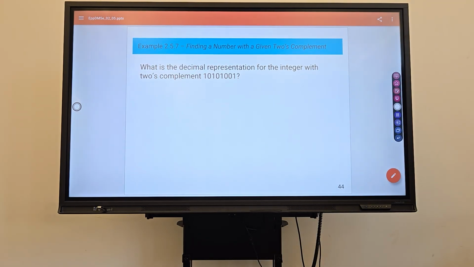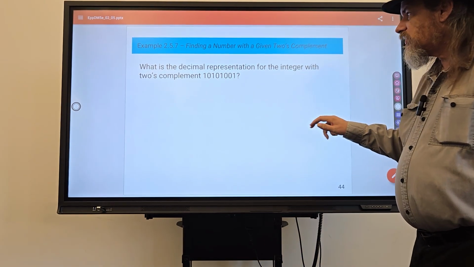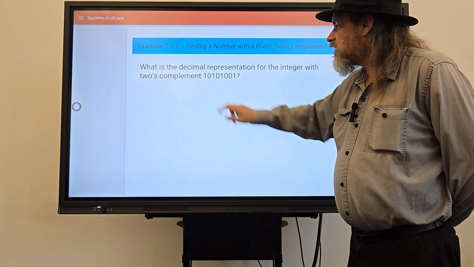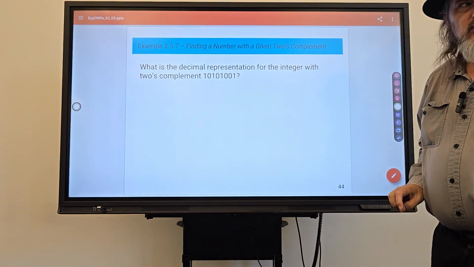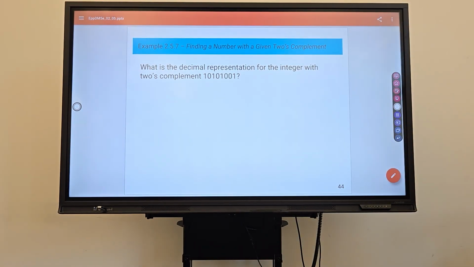What is the decimal representation for the integer with 2's complement 10101001? Well, you flip the bits, add 1, and then because this is a leading 1, the resulting decimal number is going to be negative.